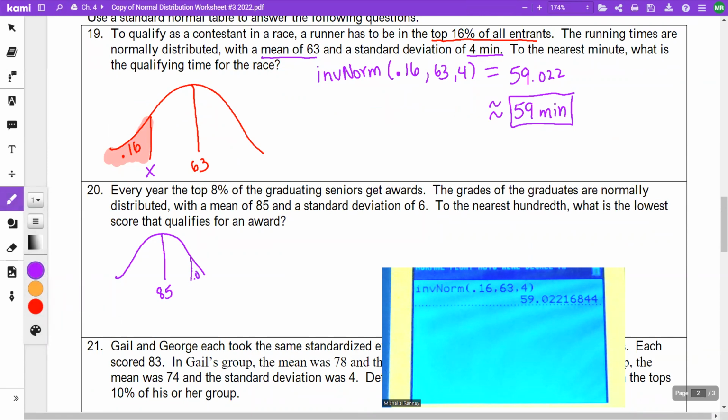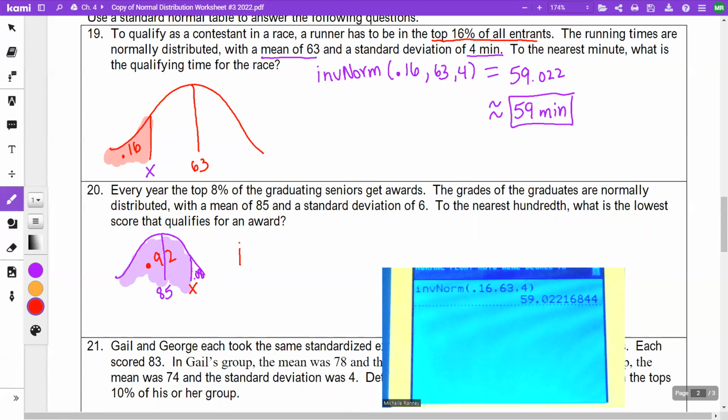This is going to be 0.08. Now, all of this other area up to that x is going to be 0.92, because the other part is the top 8%. Okay, we have 92% below us if we're in the top 8%.